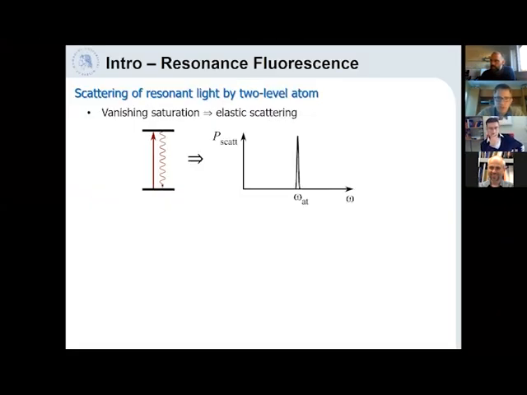So in resonance fluorescence, when you send in laser light, as I said, if the photons arrive one by one, then energy conservation tells you the scattered photon has to have the same spectral power density as the incoming light.